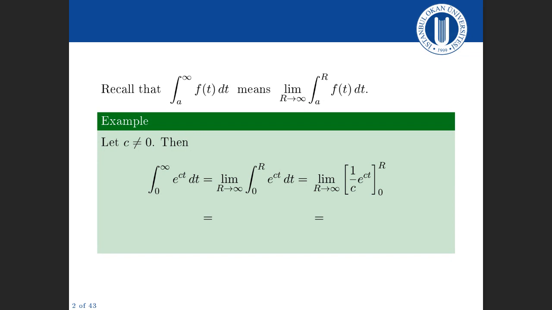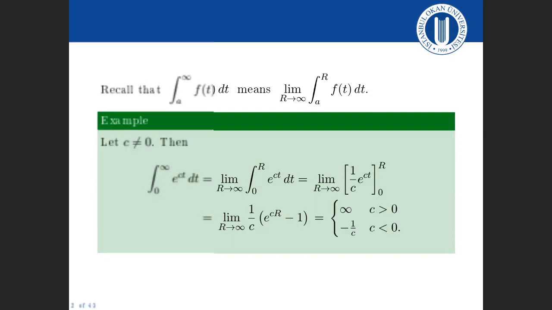That's the limit as r tends to infinity of 1 over c e to the power ct, calculated at 0 and r. And when we finish this, we find that if c is a positive number, this limit is equal to infinity. If c is a negative number, then this is equal to minus 1 over c.